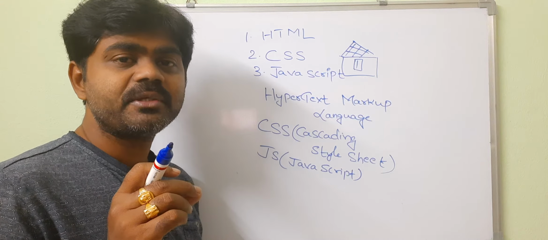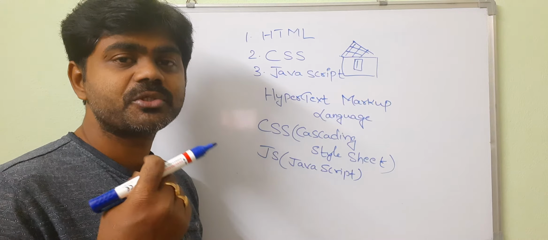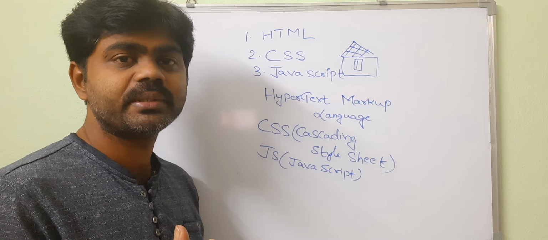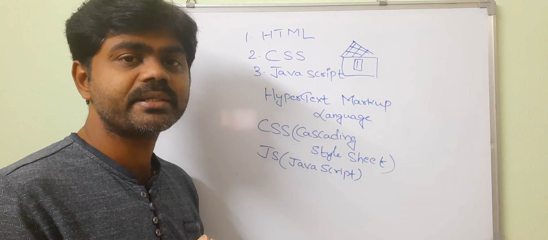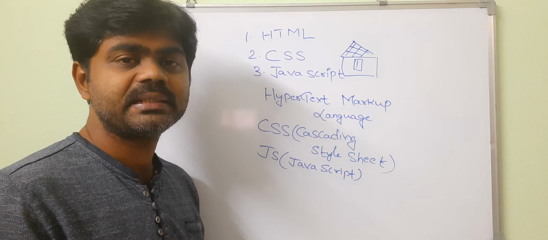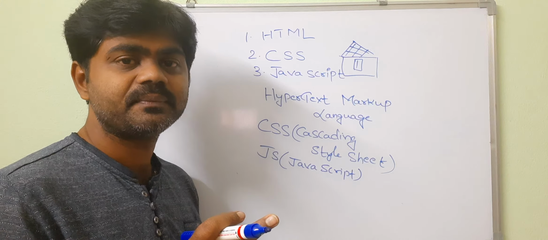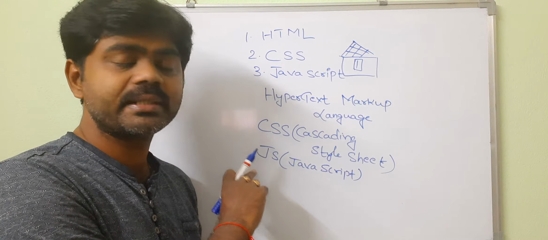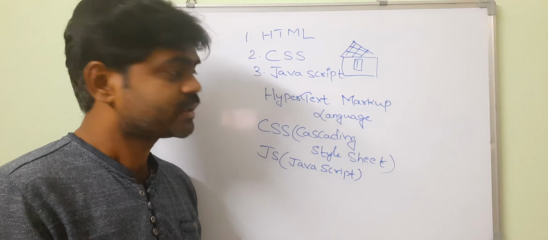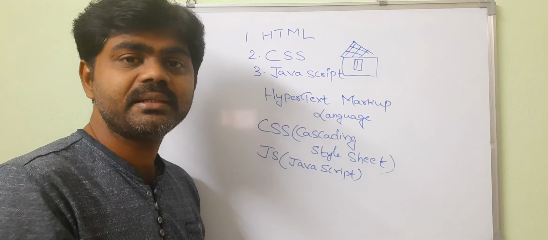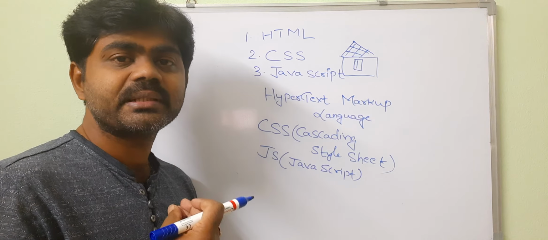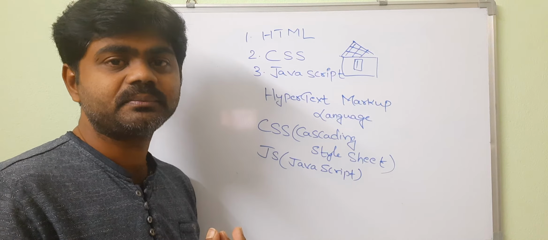For example, if you want to show a calculator, or if you want to show any clock application running on your website, then we require some logical scripting. That is called JavaScript. So combining these three, we can construct a perfect website.